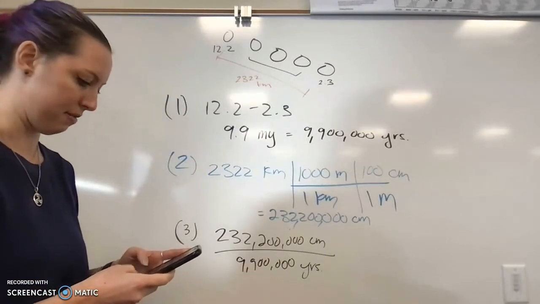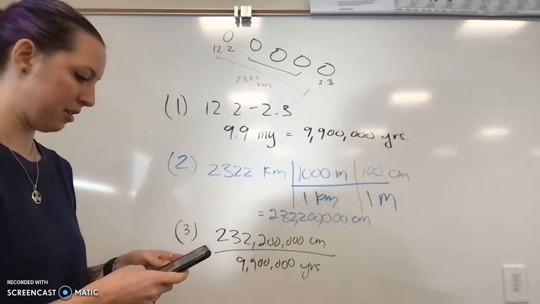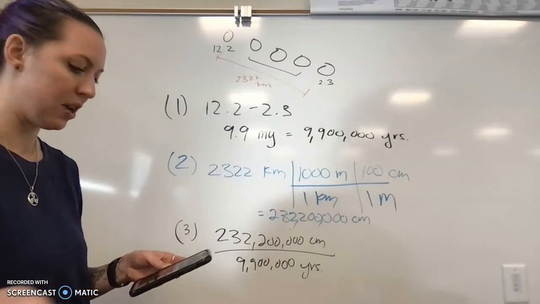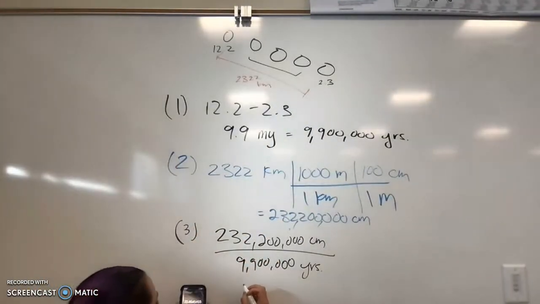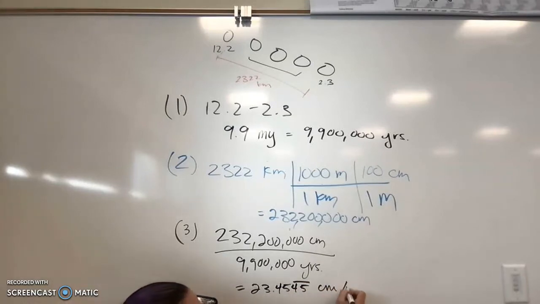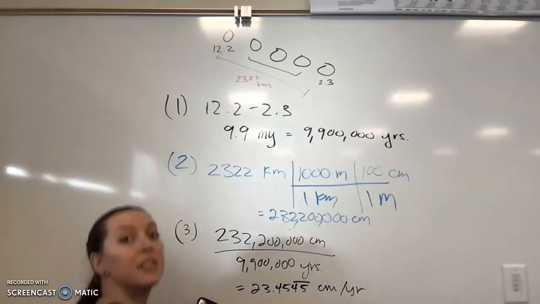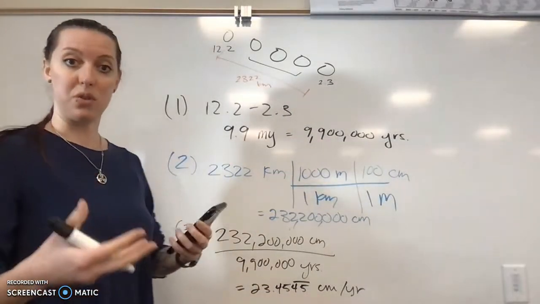Again, this is something you can do quite nicely with your phone calculator or your device calculator if you don't have a phone. So doing centimeters divided by 9,900,000 years, which comes out to, oh, this isn't too bad, 23.4545, basically repeating centimeters per year. And in the directions, I will indicate that I want you to round to a certain number.